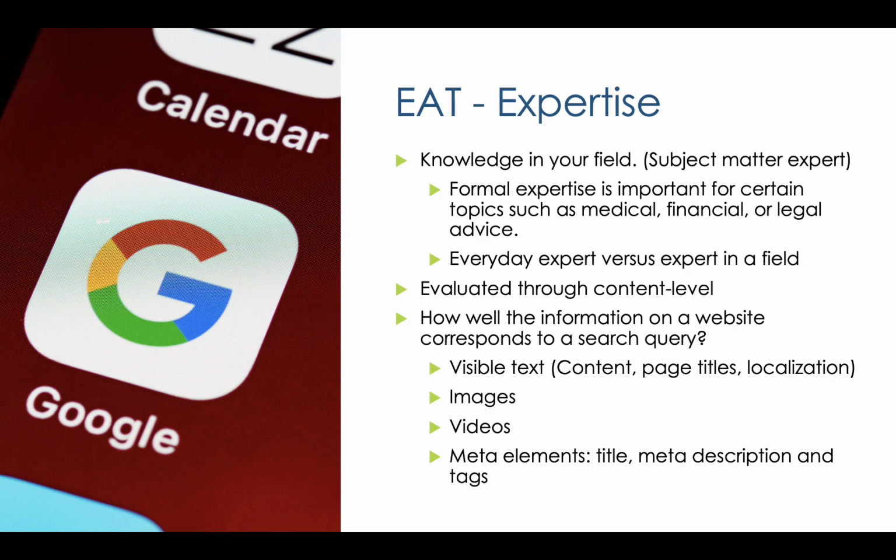They look for pieces of information on your site that indicate that you are an expert in your field. They're trying to determine whether you are just an everyday blogger with no credentials in that particular field, or are you an expert?